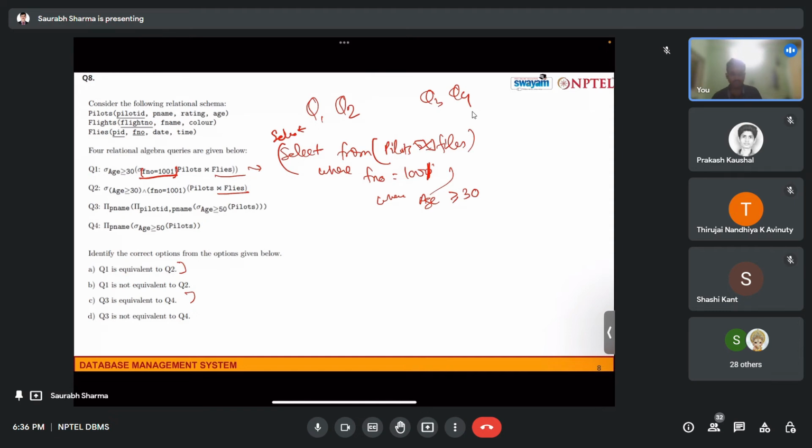If we take it as such, we have to just satisfy these two conditions.